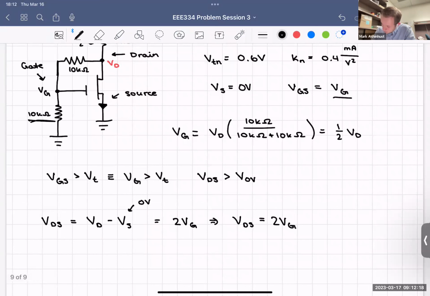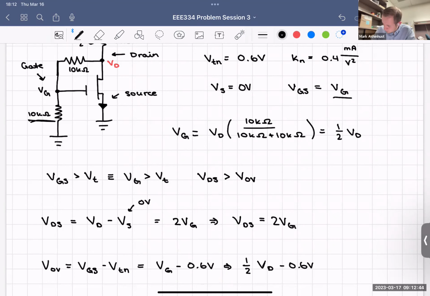Similarly, VOV, which we were kind of getting at there, our VOV in terms of VG is actually VGS minus VTN. We know VTN. We know that VS is 0 volts. So what we actually have here is VG minus 0.6 volts, which we could also write in terms of VD, which is 1/2 VD minus 0.6 volts.